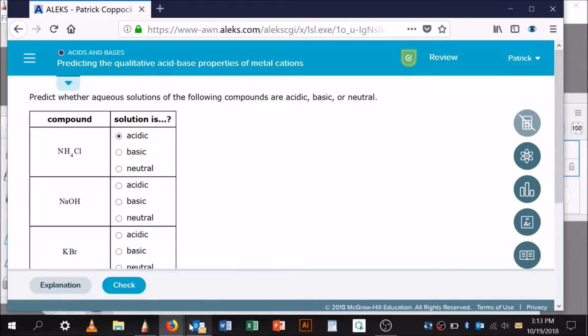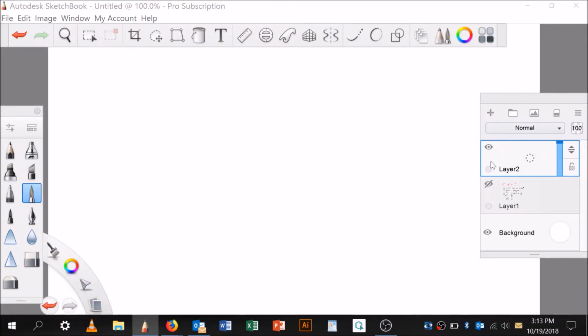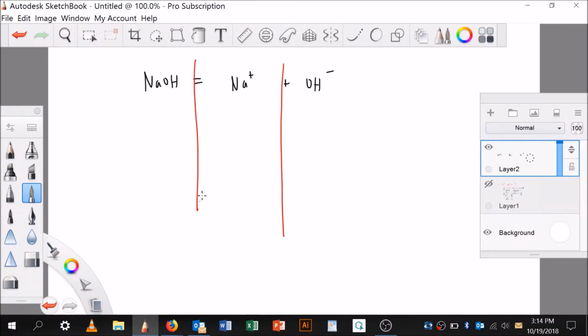Now, sodium hydroxide, let's take that one. Let's go back over here, and we'll add a new layer, and we'll say sodium hydroxide. Now this is the same thing as sodium and hydroxide. Let's consider these guys separately. We know that sodium is strongly soluble.